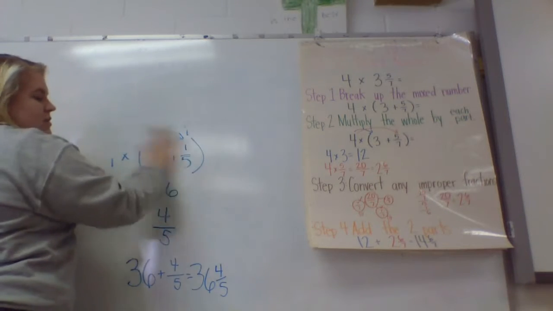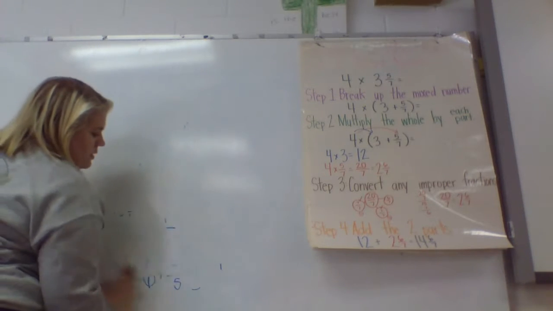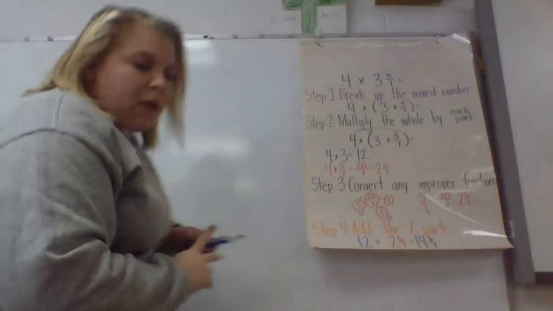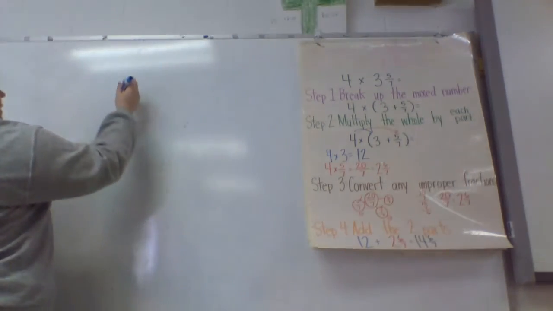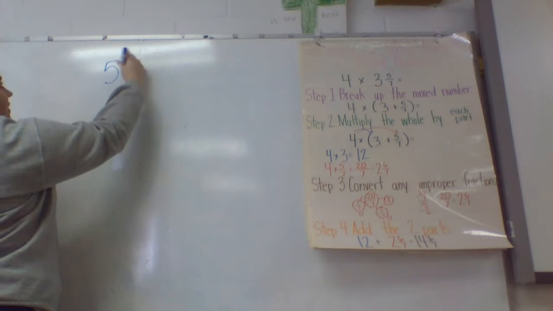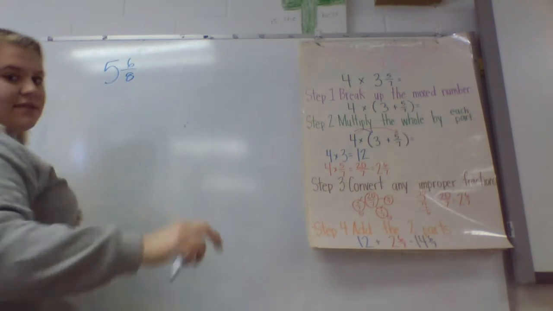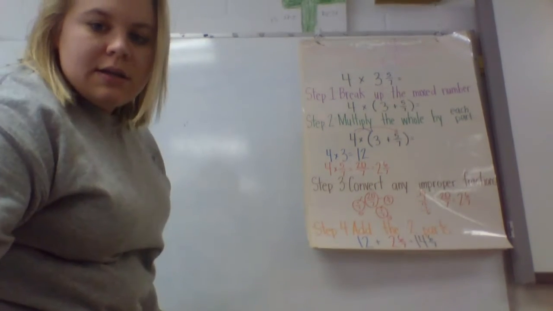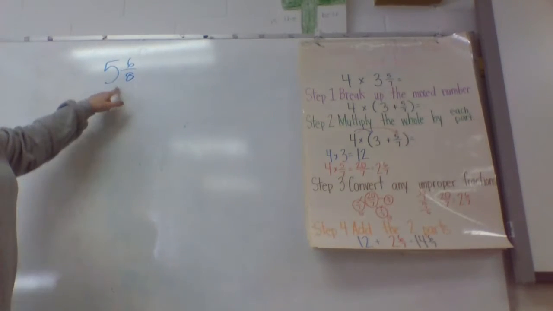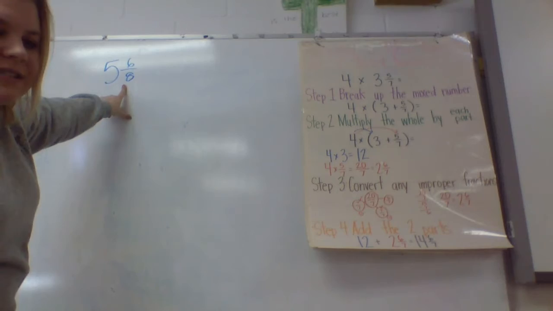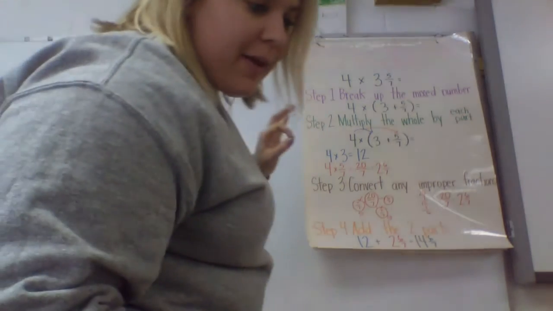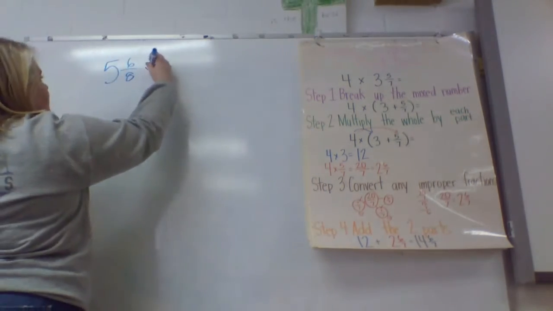All right, the last one that we're going to do, it might be written as 5 and 6/8. So you might see it where you've got your whole number first, 5 and 6/8, times 4.